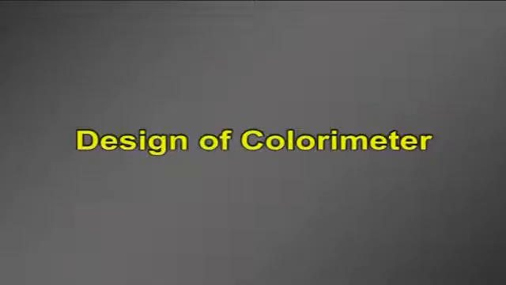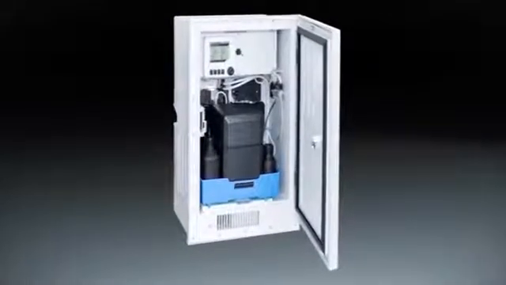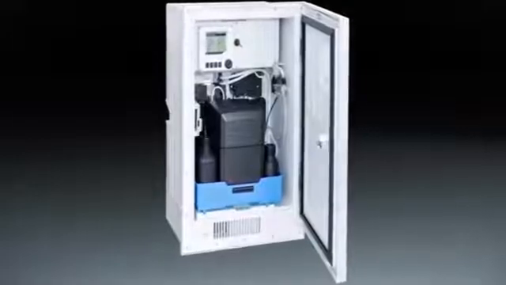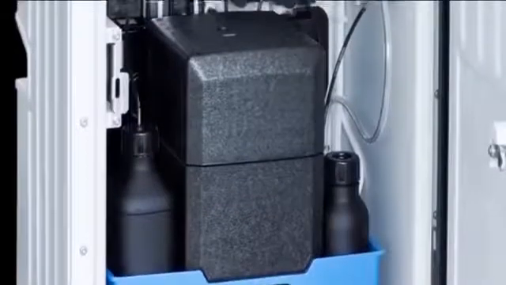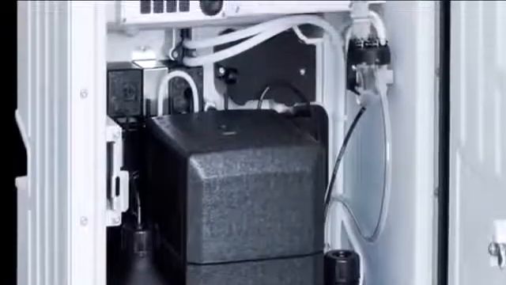Design of colorimeter. The three main components of a colorimeter are a light source, a cuvette containing the sample solution, and the photocell for detecting the light passed through the solution. The instrument is also equipped with either colored filters or specific LEDs to generate colors.